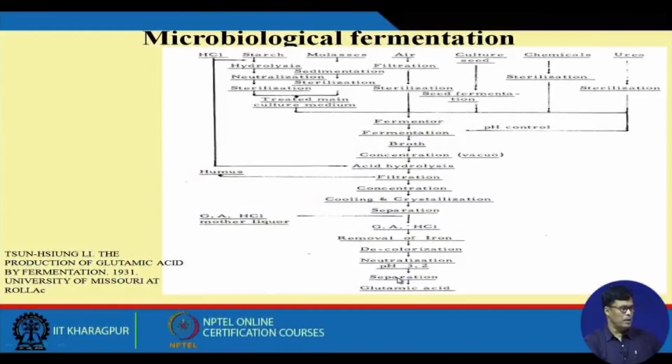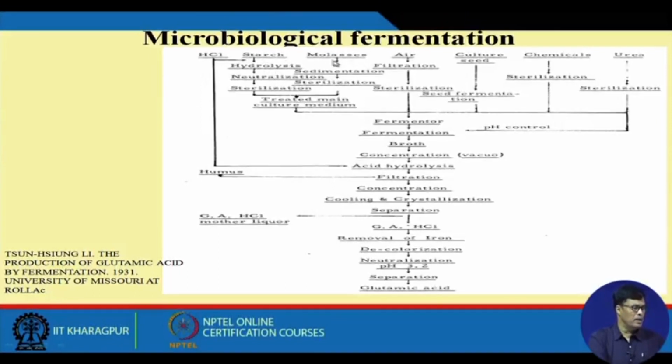Now the steps involved in this process are like this. We use HCl for starch hydrolysis, so that we get soluble material. Starch is usually an insoluble molecule, though some soluble starch is also there, but it has to be degraded to monomer or dimer so that your organism can utilize it.